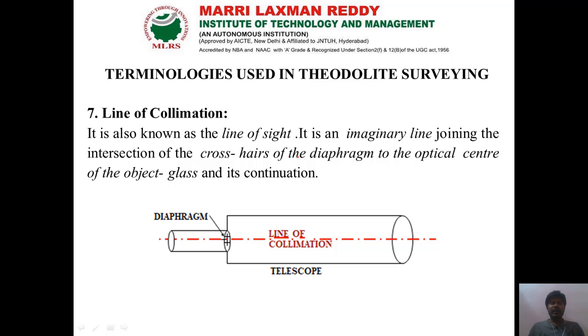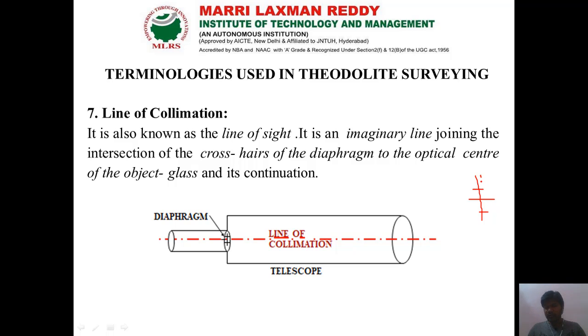Next, line of collimation. It is also known as line of sight. The imaginary line joining the intersection of the crosshairs in the diaphragm to the optical center of the object glass and its continuation is called the line of collimation. I already said we have the diaphragm, and in the diaphragm we have the crosshairs like this.